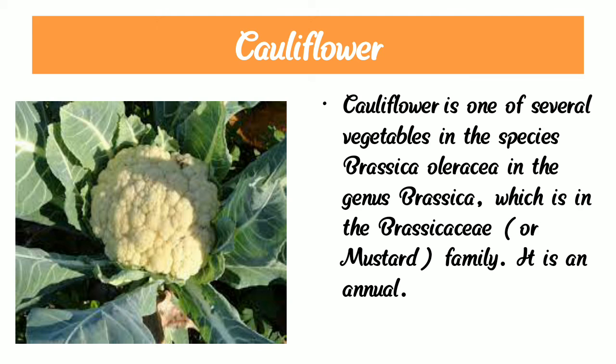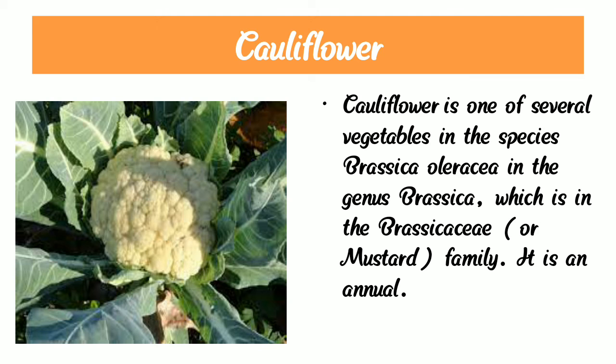So, what is cauliflower? Here we can see a photograph of cauliflower. Cauliflower is a kind of vegetable. It is one of several vegetables in the species Brassica oleracea in the genus Brassica, which is in the Brassicaceae family.